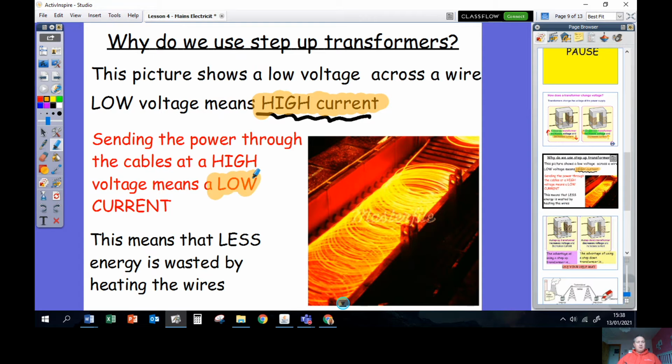Now, a low current means the wires aren't going to heat up as much. That means less energy is wasted. So that's why we use our step-up transformer. Our step-up transformer is there to make sure that we waste less energy as the current goes through the wires.